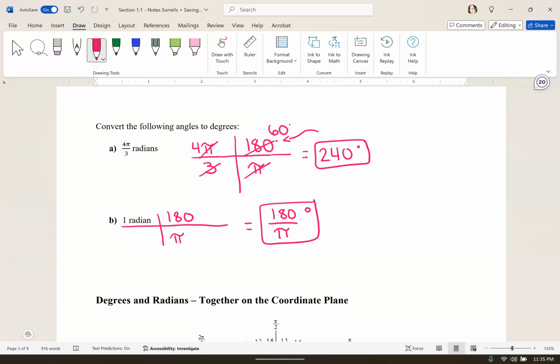If you don't like that, 180 divided by pi is roughly 57.296 degrees. I would probably just leave it as the pi so that you don't have to worry about round off error or anything. But in your homework, if it does want a decimal, it will tell you how many decimals to round to.